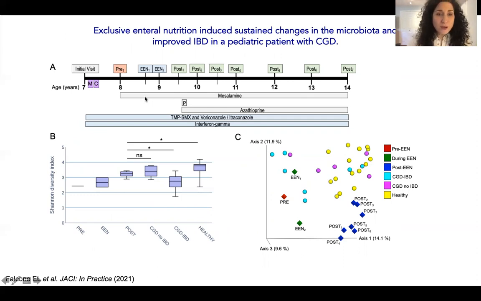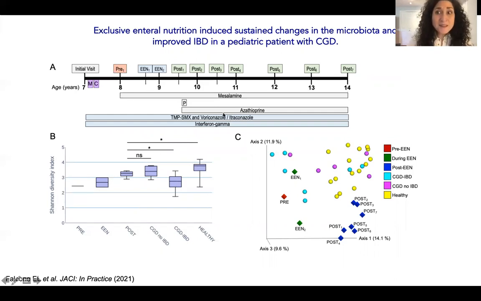What we found is that not only did this induce sustained changes in the intestinal microbiota, but it also induced clinical remission, which was then sustained with azathioprine long-term. This patient never required steroids again, and we have followed him now for at least 5 years.